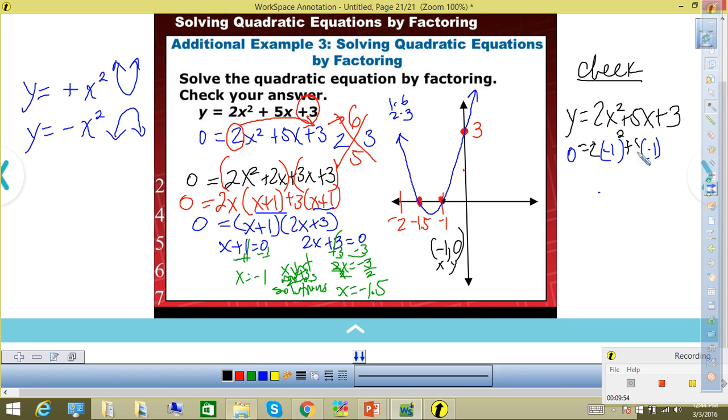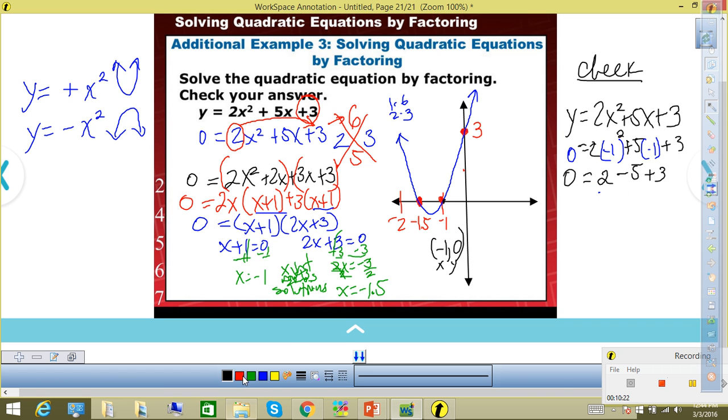Squared plus 5 times -1 plus 3. Negative 1 squared is 1, so what is 2 times 1? Okay, here it goes again. Negative 1 squared is 1, times 2 is 2. What is 5 times negative 1? Negative 5 plus 3. All that equal to 0.